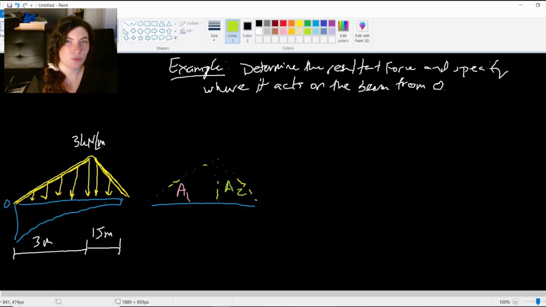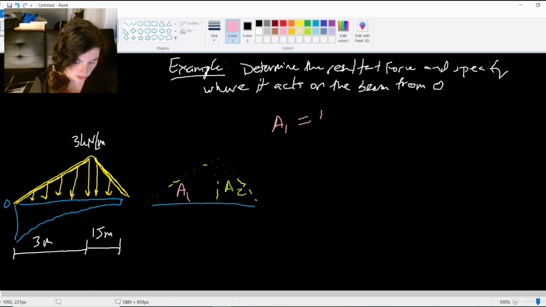And that makes it really easy to find the area under the curve, because I know the peak of both of those triangles is 3. And I know how to find the area of a triangle, right? Area of a triangle is 1/2 base times height.